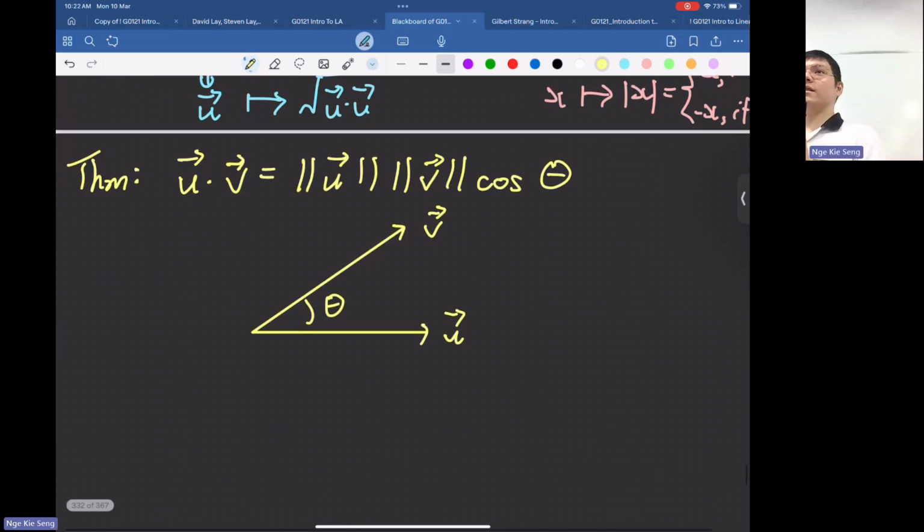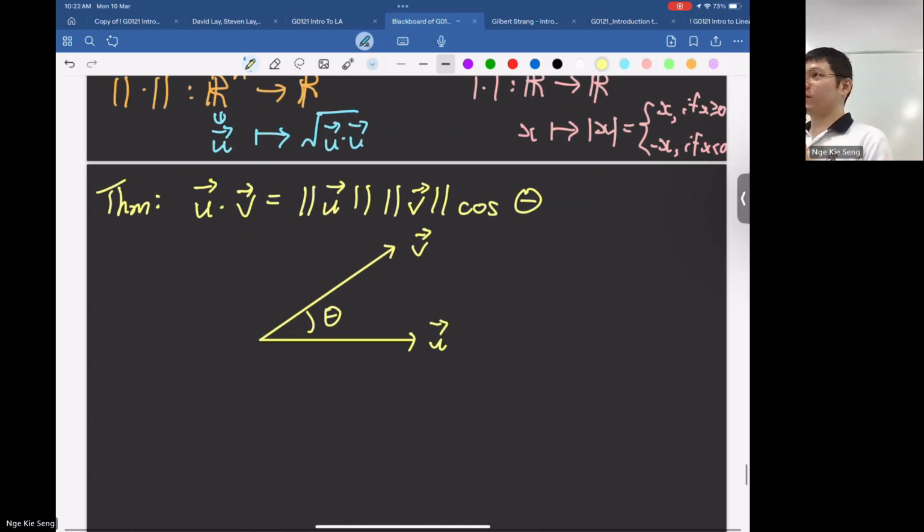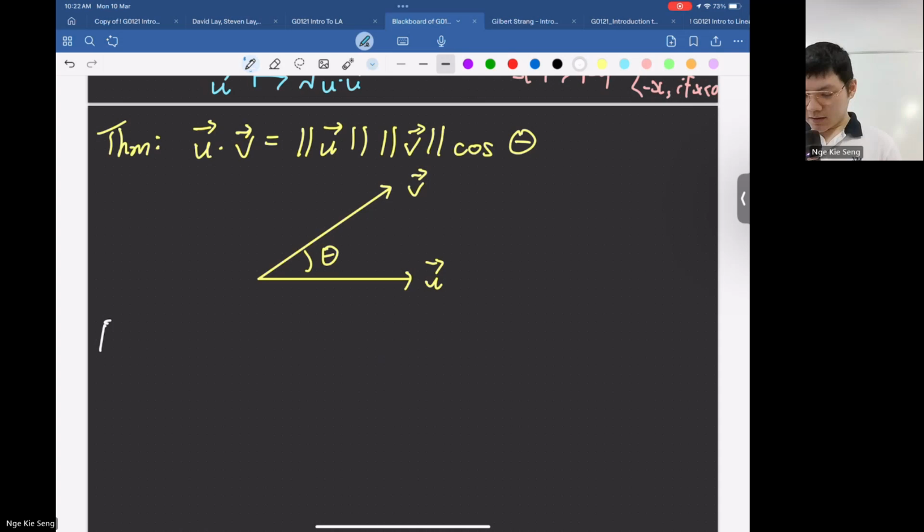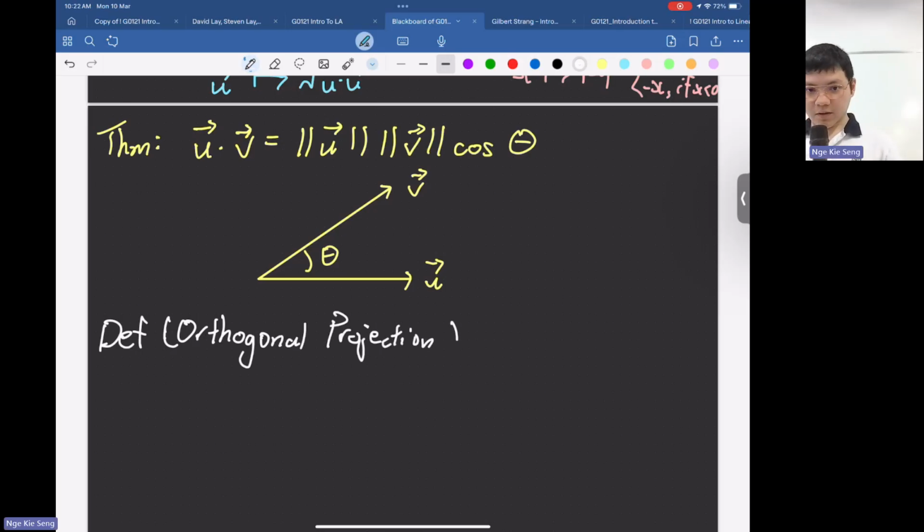Yeah, so far okay? So good. Okay, so the last thing we do is about orthogonal projection. So let's recall what orthogonal projection is.